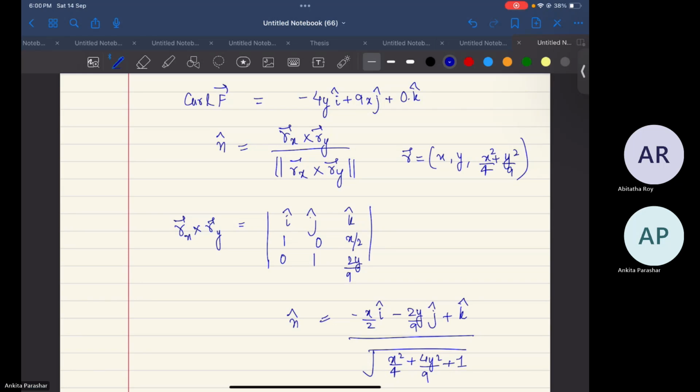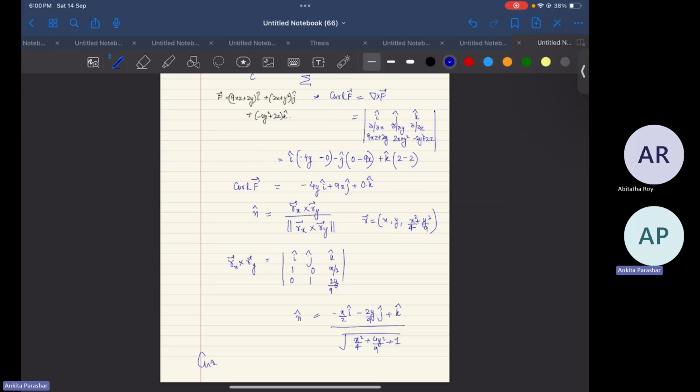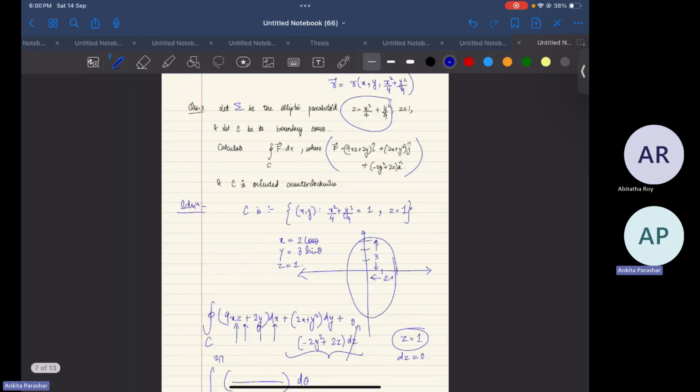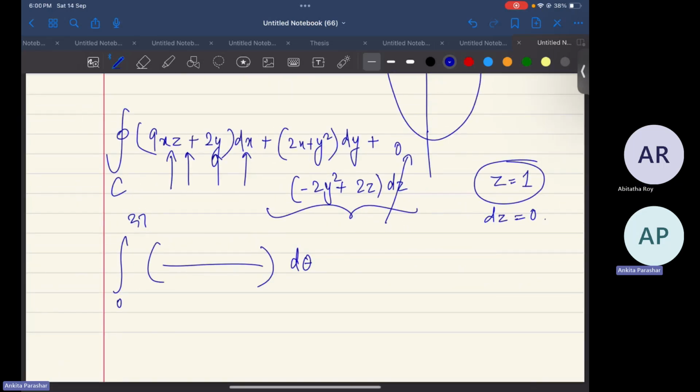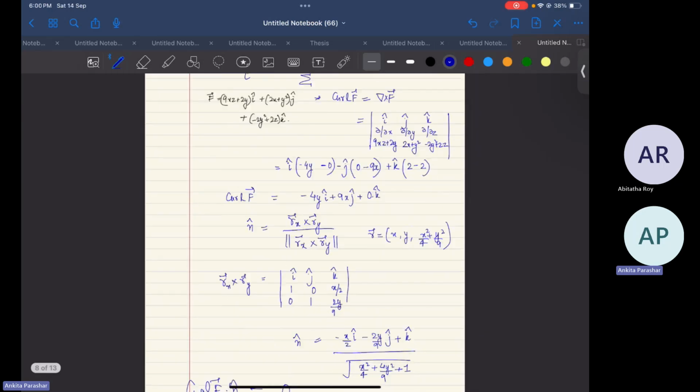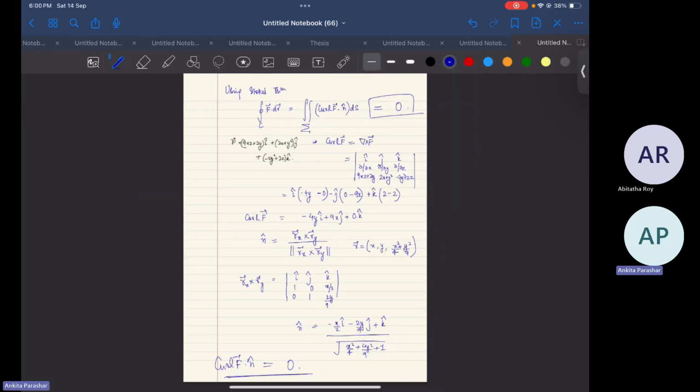Is it 0? Yeah, so you're right. So curl F dot n comes out to be 0. And therefore, what is your integration? It becomes directly 0. So earlier you had to do so many things in order to get 0, but now simply curl of that dot n will tell you the answer is going to be 0. Okay, I think it's a simple thing.